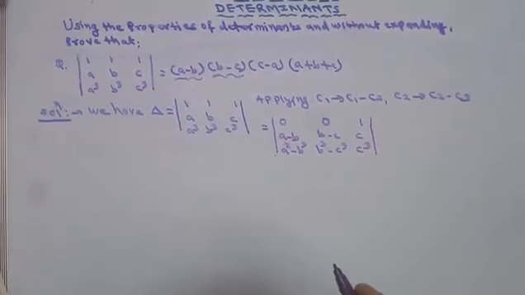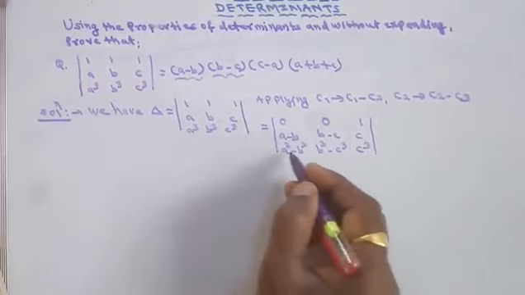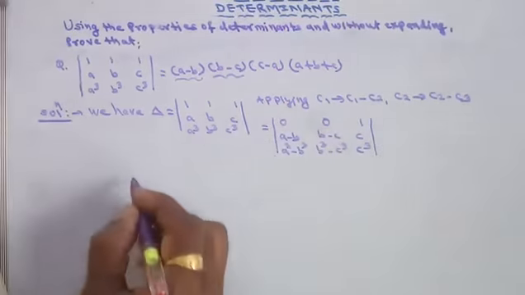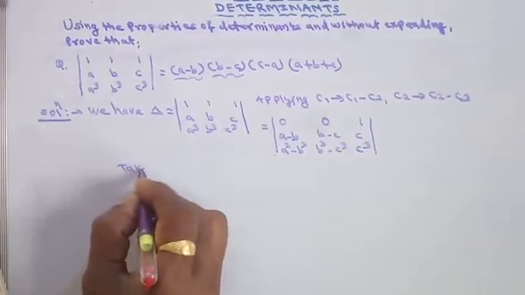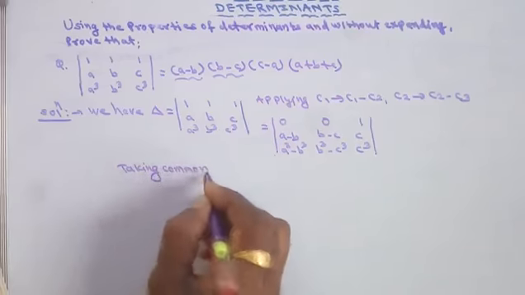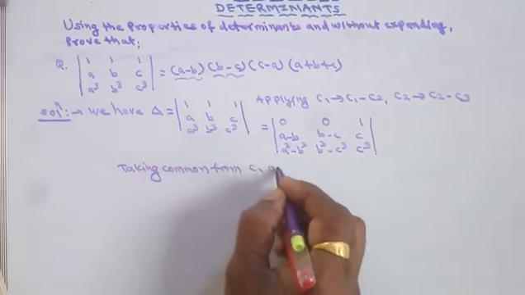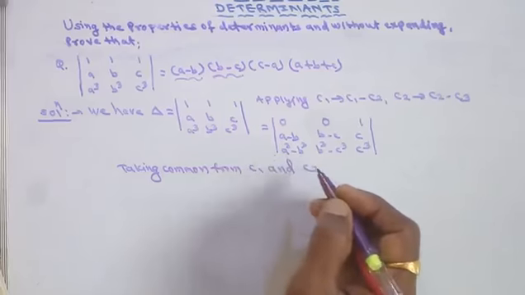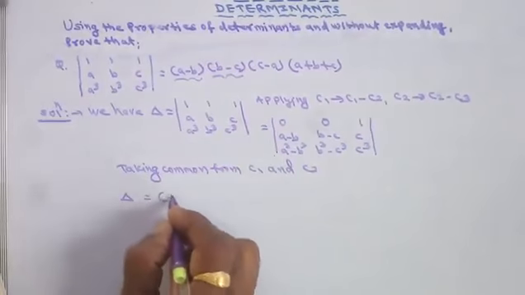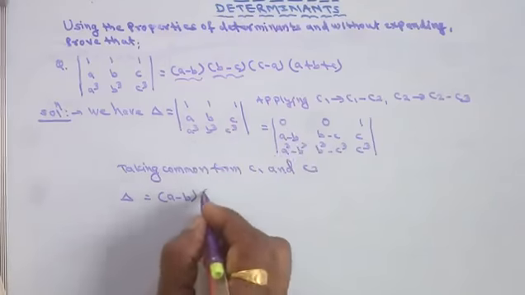Now taking (a − b) common from C1 and (b − c) common from C2.